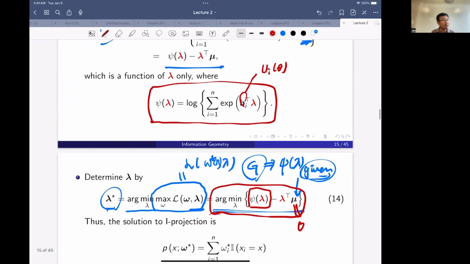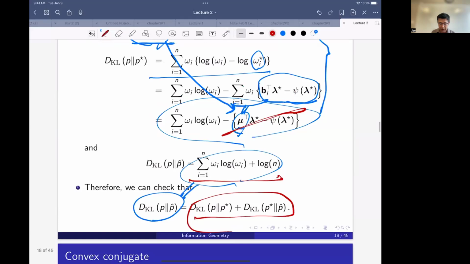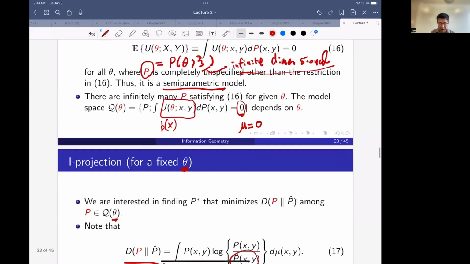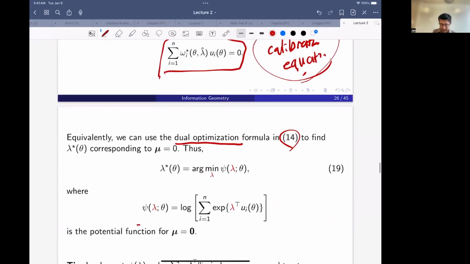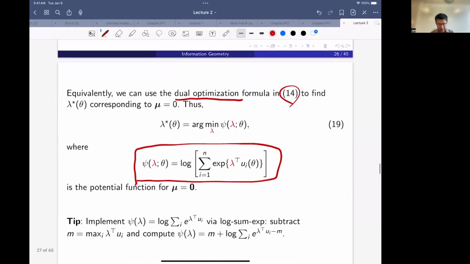Now let's use this dual formula to solve our problem, which is this one. Exactly the same, right? So it is a potential function corresponding to mu equal 0, to solve mu equal 0.